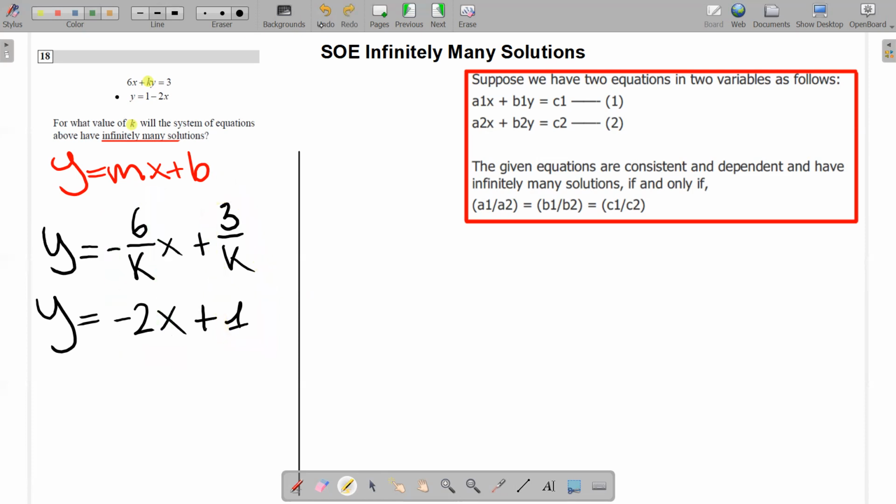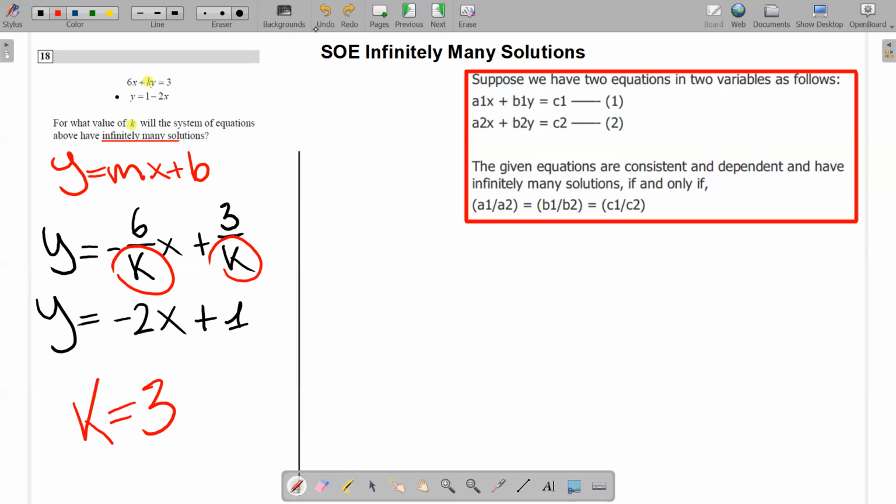In this case, it's pretty easy, because what number will divide 3 to make it 1? That's going to be 3. And since the 3 works also for the -6, because -6 divided by 3 will give us -2, then k must be 3, because it will make the two equations equal.